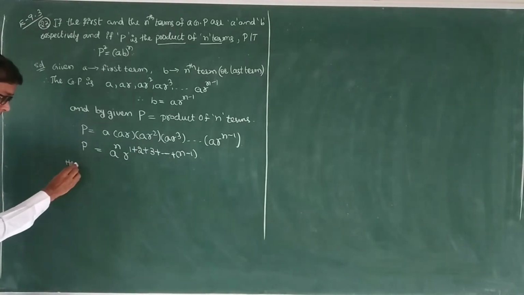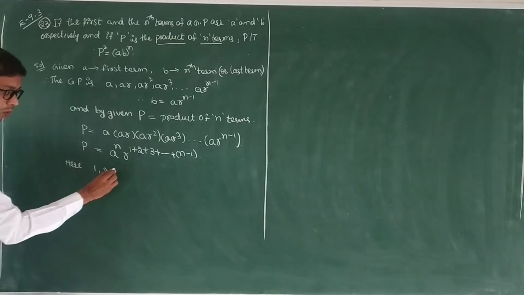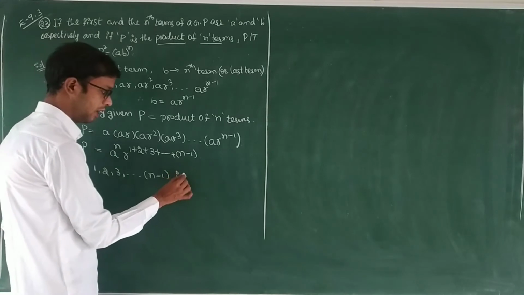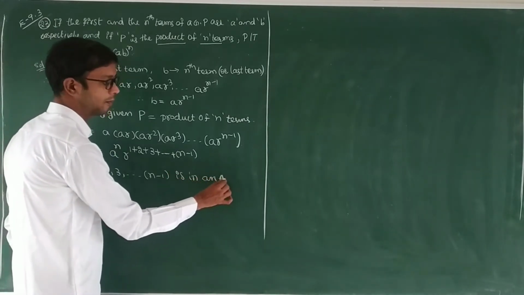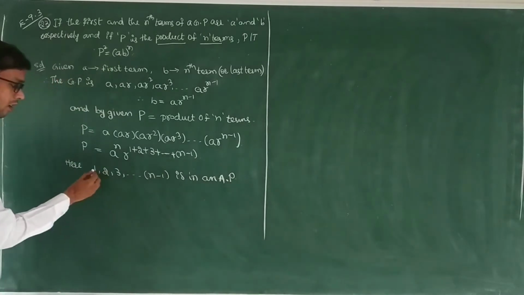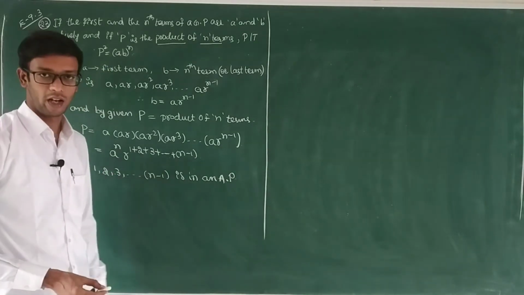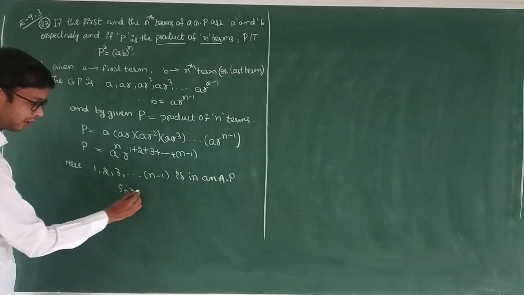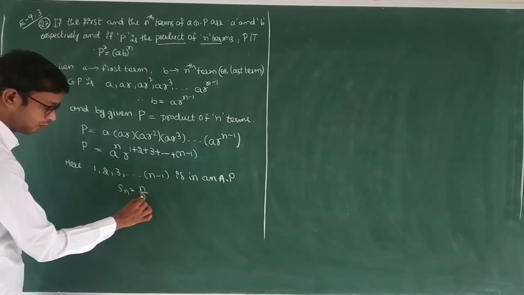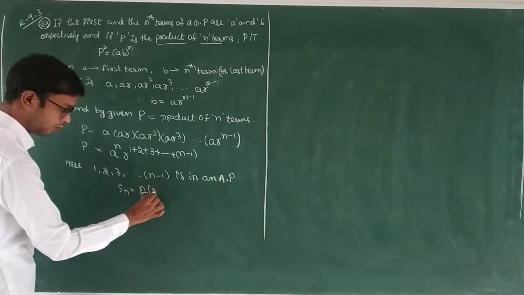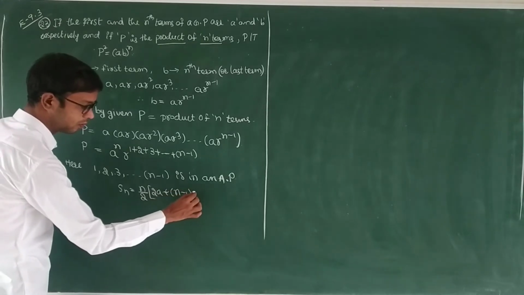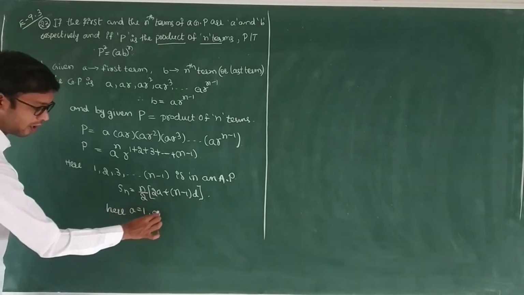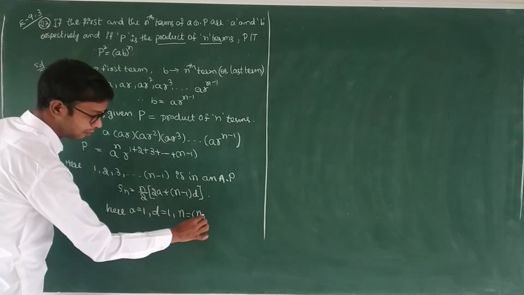Now here 1, 2, 3 and so on up to n minus 1 is in an arithmetic progression. Why? Because the common difference is there, n terms are there. Therefore, we know that Sn is equal to n by 2 into (2a plus (n minus 1) d). Here a is 1, d is 1, n is n minus 1.